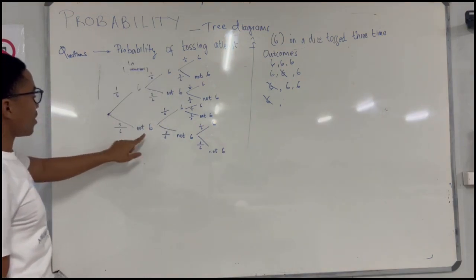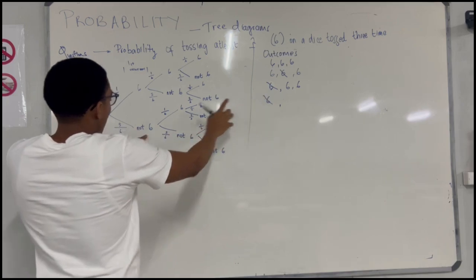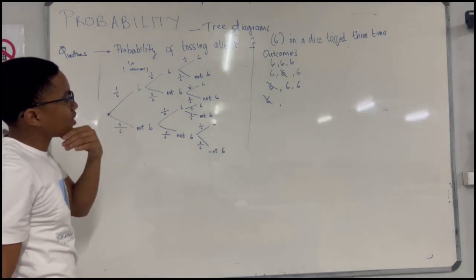Wait, hold on. A not 6, a 6 and a 6, which is there. Yes, these are the only outcomes.